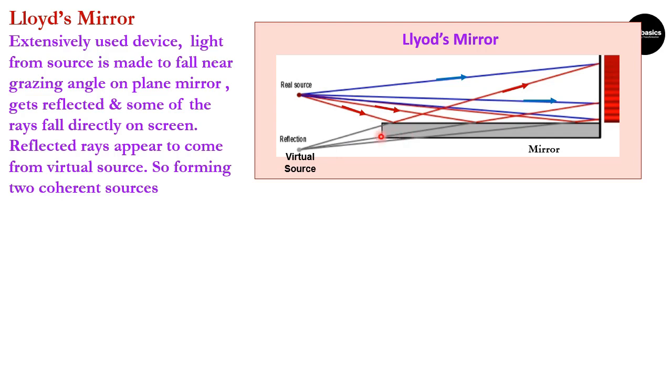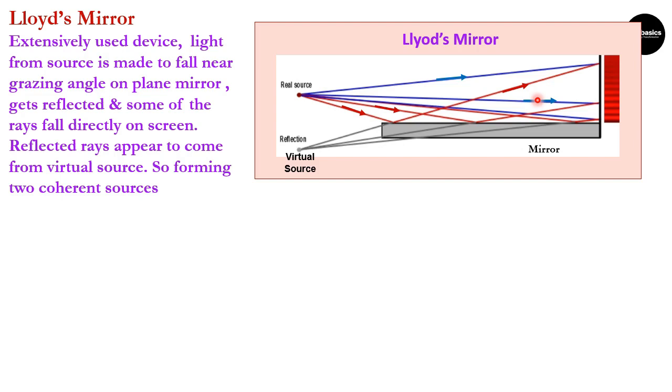So with the help of the plane mirror, we get a virtual source which acts as a coherent source for the real source. The real source and virtual source act as two coherent sources prepared from a single source, and as rays are reflected, the phase difference is maintained constant. Due to that, we get two coherent sources from a single source with the help of Lloyd's mirror.